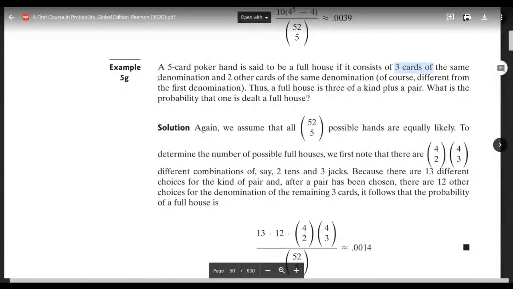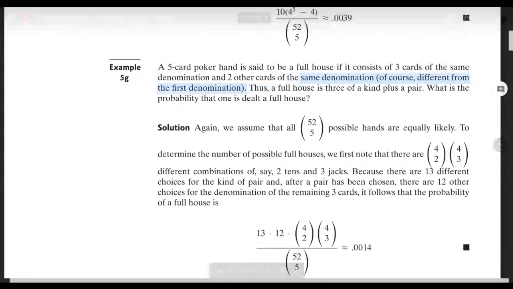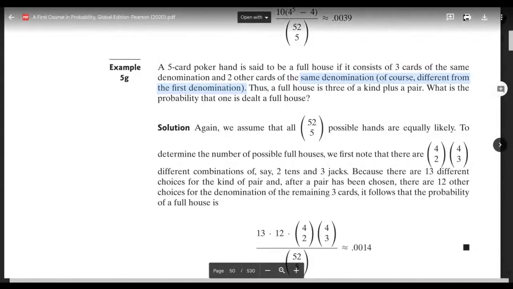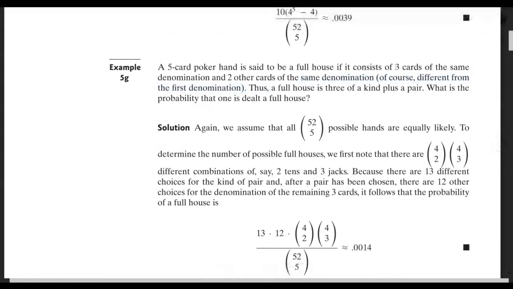What does denomination mean, suits or number? Anyone knows? 3 of the same value. Oh, same value, okay, thank you. Same number. So 3 cards of the same number and the 2 other cards are another same number. So a full house is a 3 of a kind plus a pair.